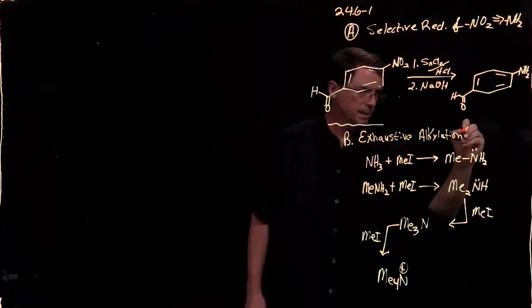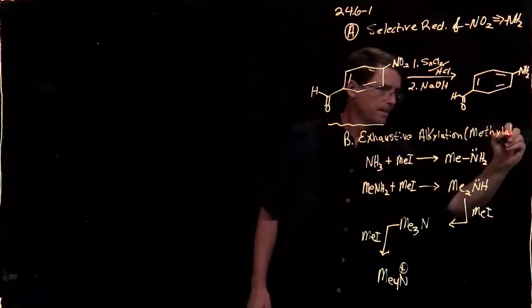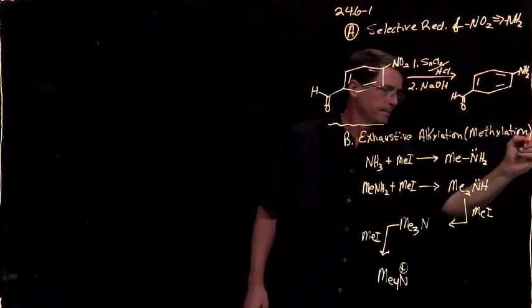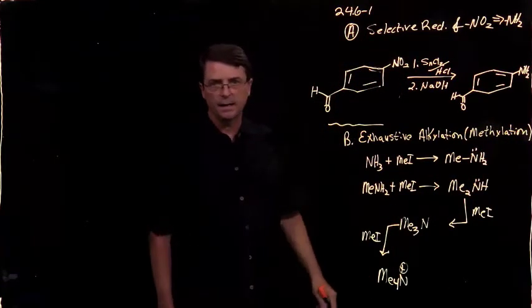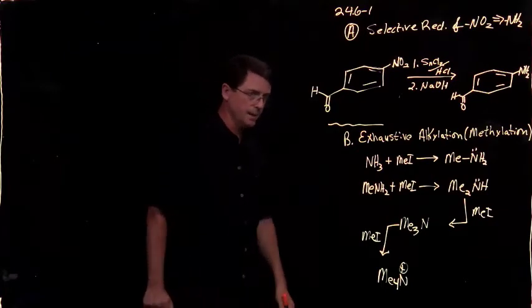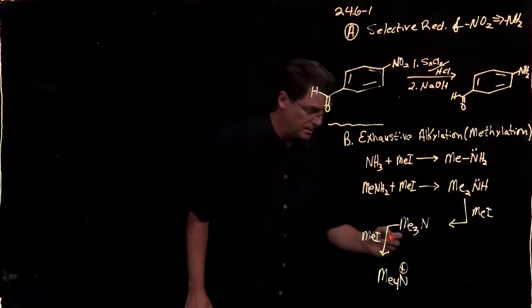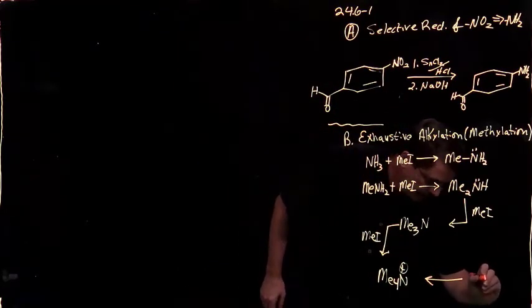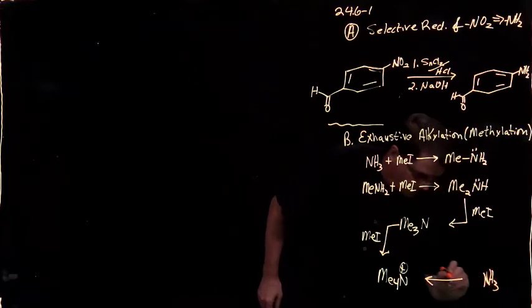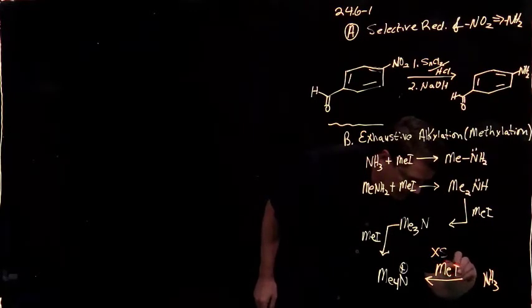The most commonly used form of this is methylation, and we'll see that later in the Hofmann elimination reaction. So this is useful if you want to do basically the following reaction, taking any amine with an excess of the alkyl halide that you want.